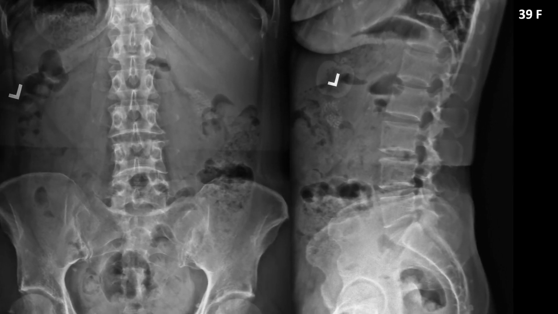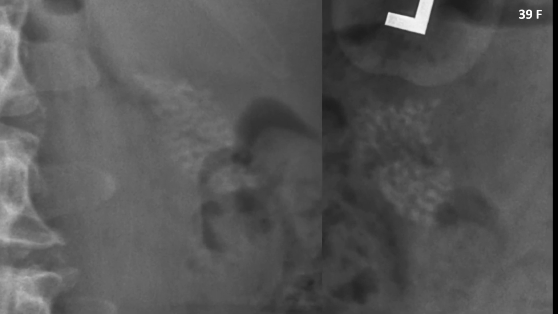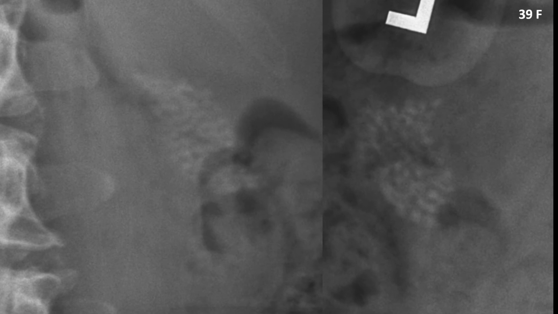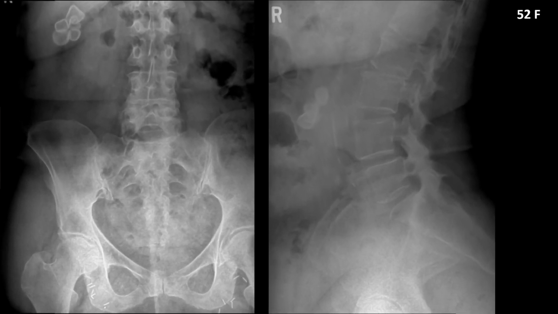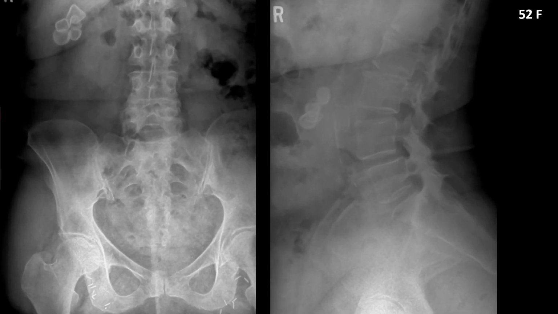Here are some lumbar radiographs of a 39-year-old female who presents with low back pain. And you'll notice she has numerous small dense gallstones. These calcifications can sometimes appear large and oddly shaped. And this is a 52-year-old female who also presented with abdominal pain and low back pain.